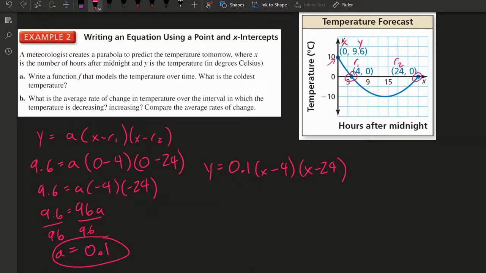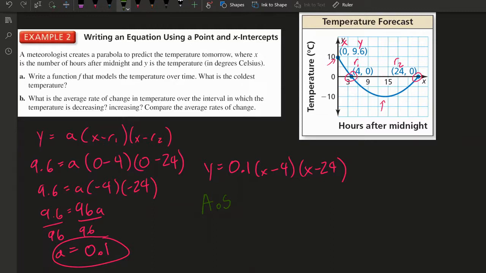Now the next question is, we'll first write a function. We did that. What is the coldest temperature? So the coldest temperature is going to be around here at the vertex. So if you remember, in order to find the vertex in intercept form, first I need to find the axis of symmetry. The axis of symmetry is going to be located directly in between the two roots, which are 4 and 24.